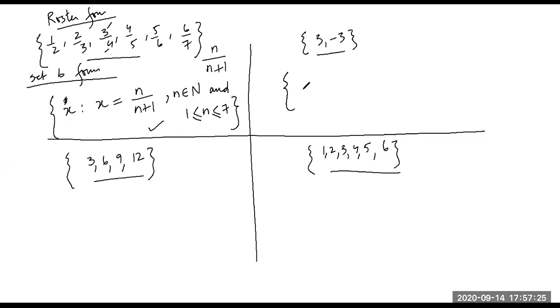So I can always do like this: set of all x such that, you see, 3 and minus 3. Can I think of any equation? I can relate these two numbers to an equation, 3 or minus 3.